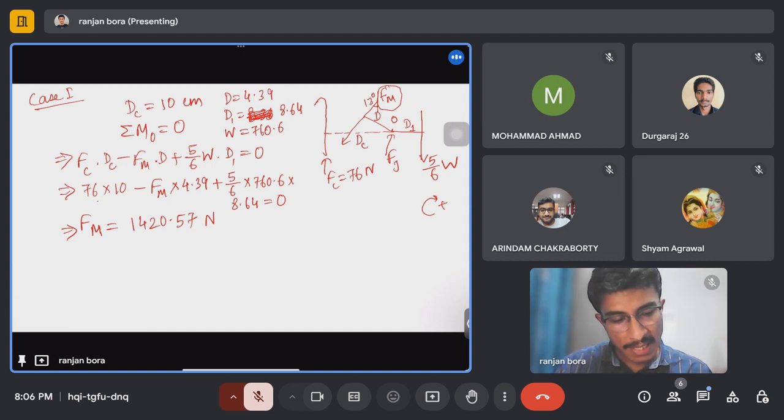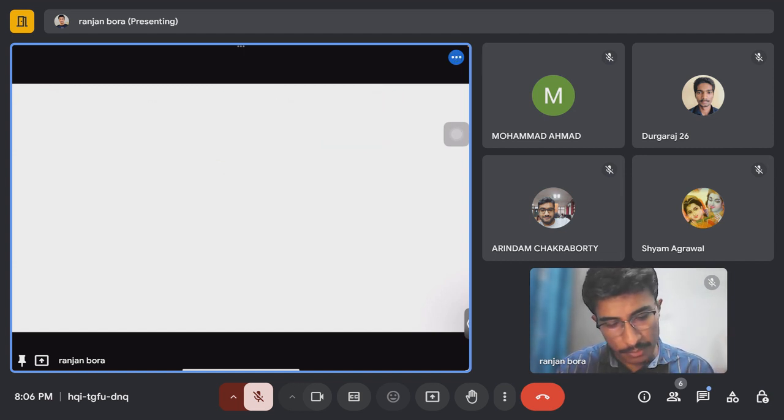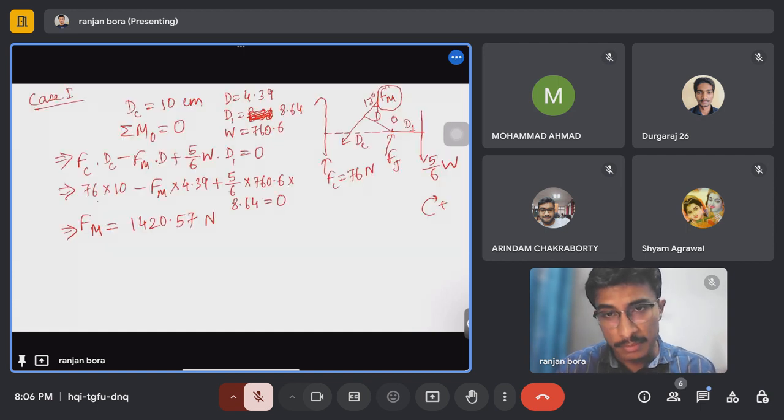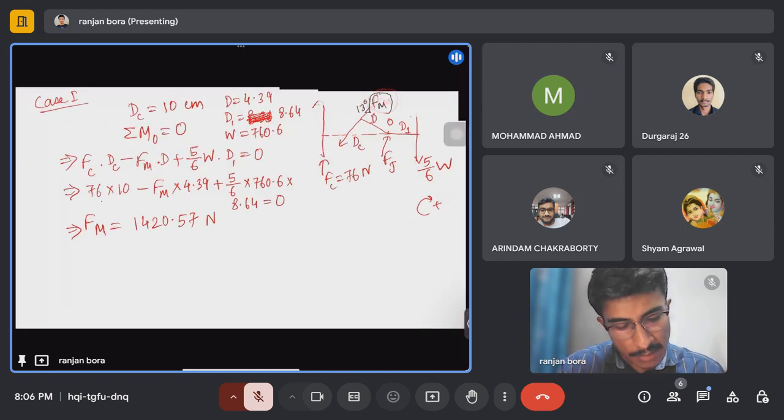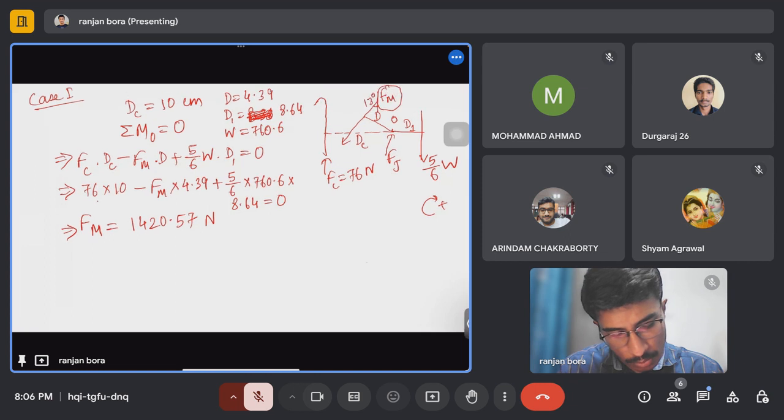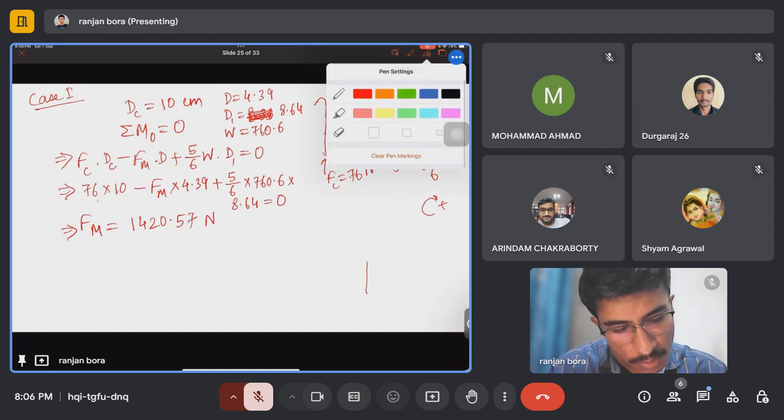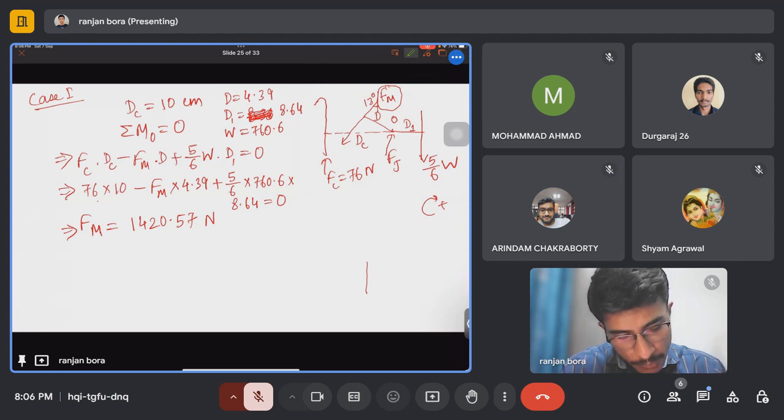First we'll draw the triangle. In the vertical direction we have the body weight.